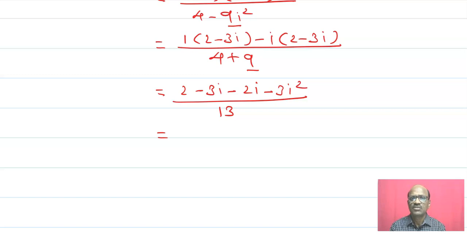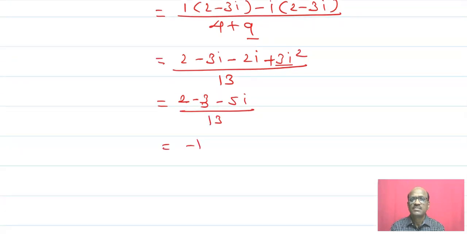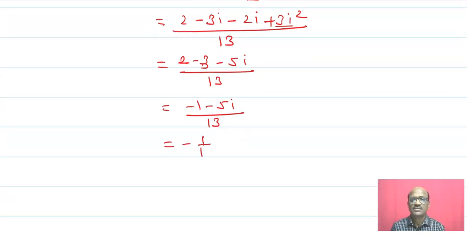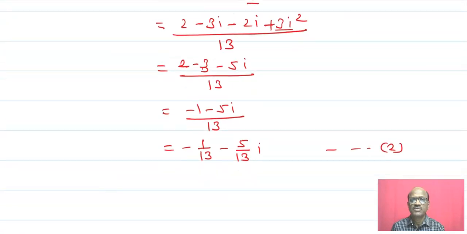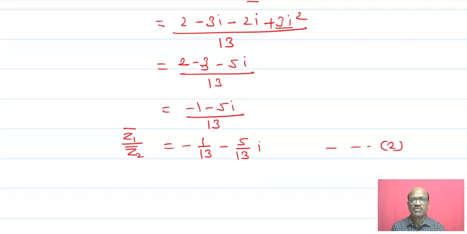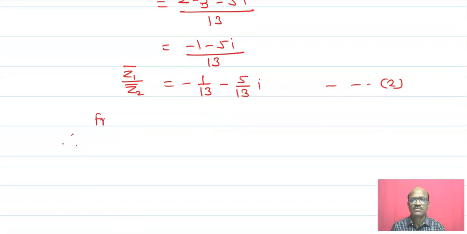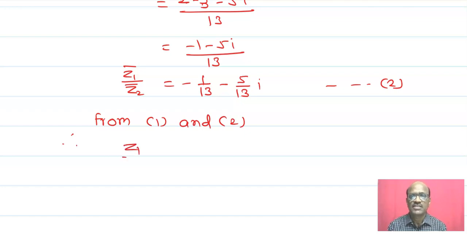Normal simplification: minus 3i square means 3, that is 2 minus 3 minus 5i upon 13, in this way minus 1 upon 13 minus 5 upon 13 i. This is number 2, and from 1 and 2 the LHS is equal to the RHS.